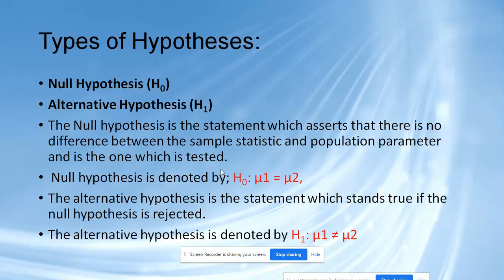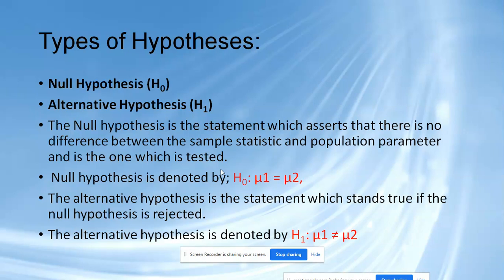In the red color you can see, the hypothesis is denoted by H naught: mu1 is equal to mu2. So mu1 is the mean of the sample, and mu2 is the mean of the population. In the null hypothesis we state that mu1 is equal to mu2, it is the same.